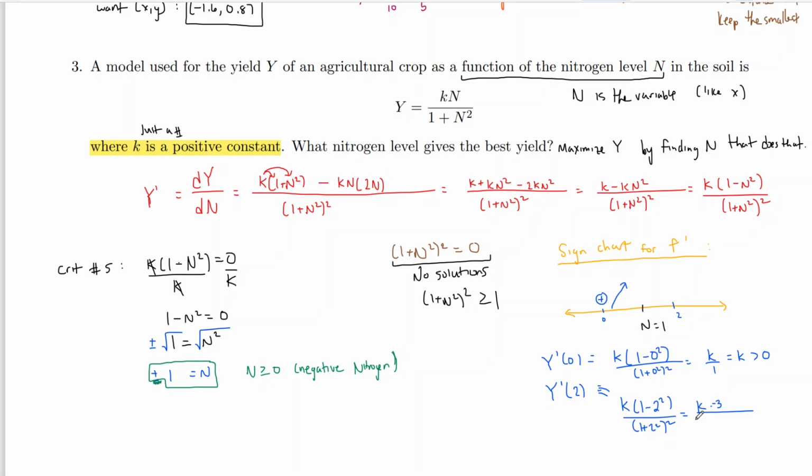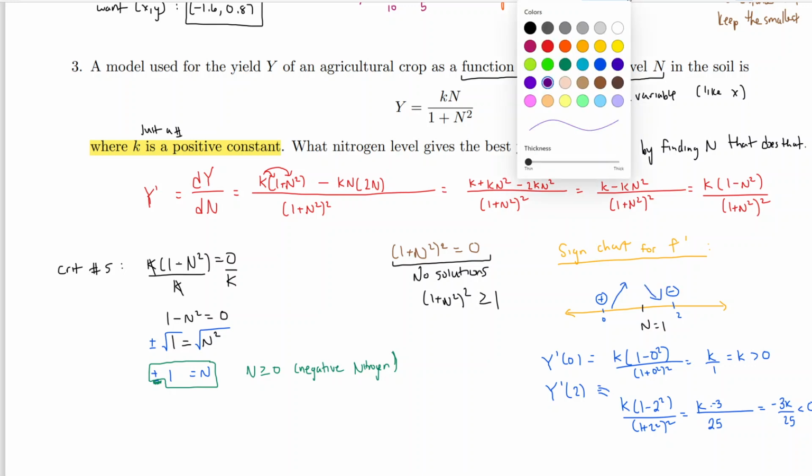So this is 5 squared, which is 25. Now, based on what we said above, you should not be surprised that the denominator is positive because it's always positive. But the numerator this time is negative because we have negative 3k over 25. Since k is positive, this is less than 0. But this is negative, which means we do actually have a maximum here.